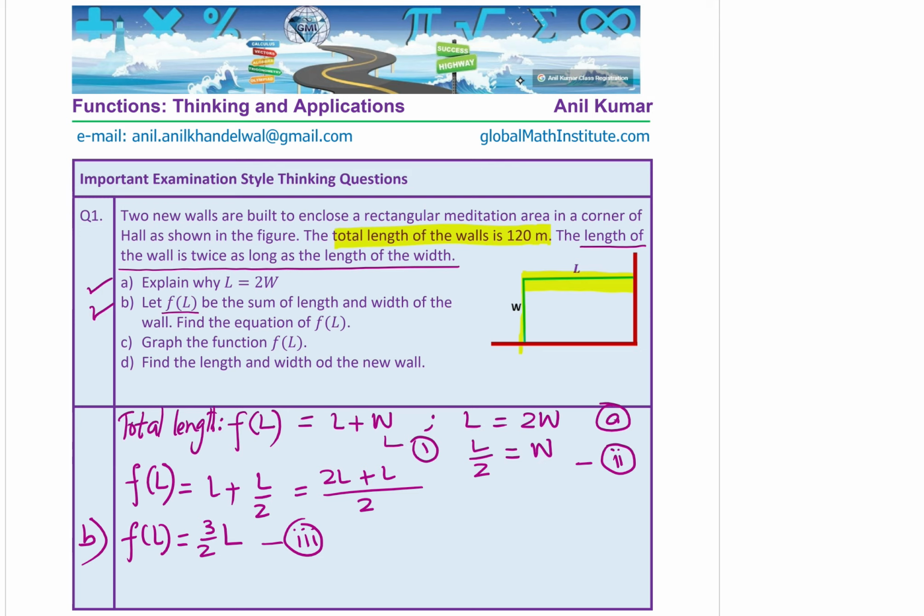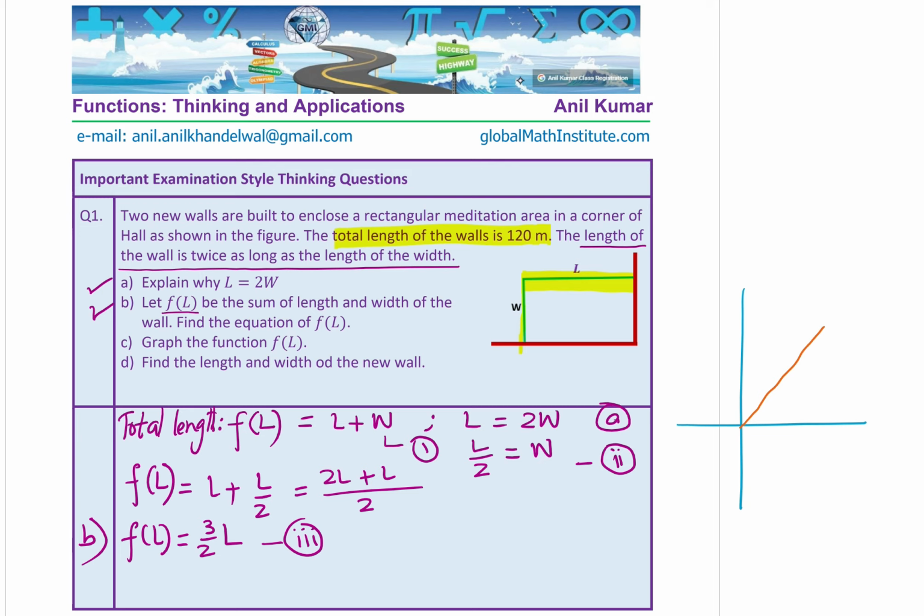Now part C is: graph the function f of L. So how will you graph this function? Well, this is a straight line, correct? So on a straight line, as we have seen, we can now graph it here. We know that it has to be positive, so we can draw a line like this, taking a point.